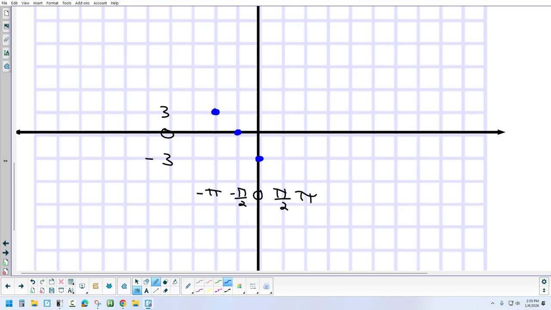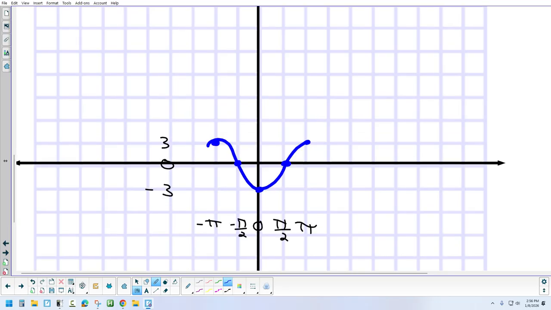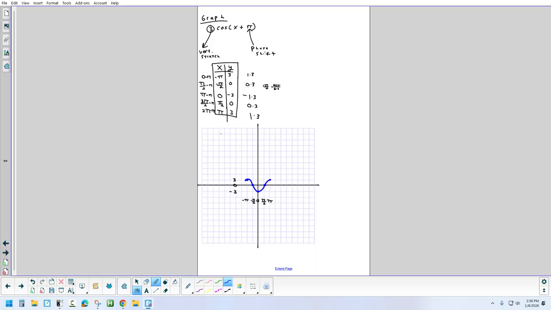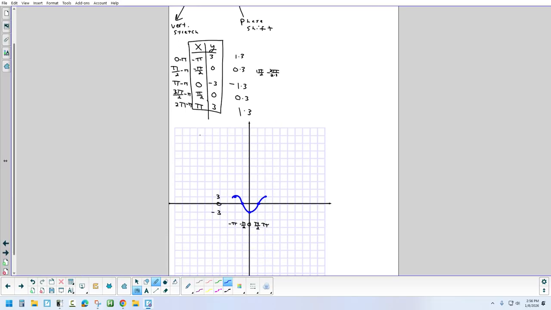Pi over 2 would be 0. Back at 0. And pi? 3. And we draw it just like that. Any questions on the sketch or the table? Nope.